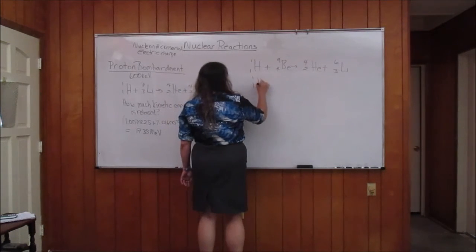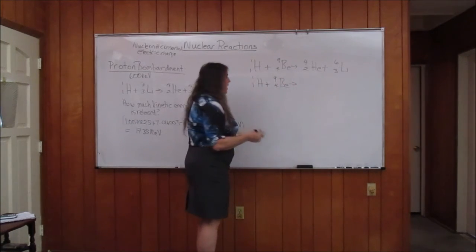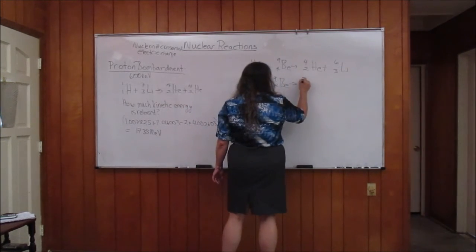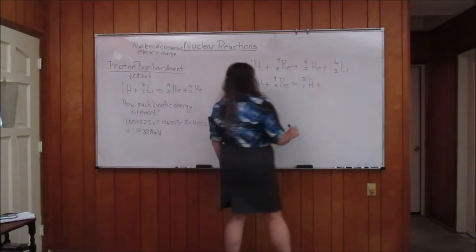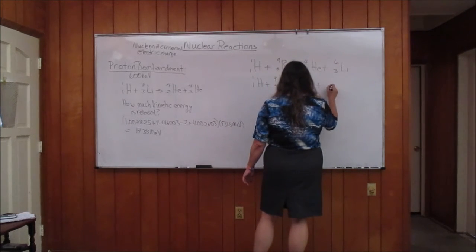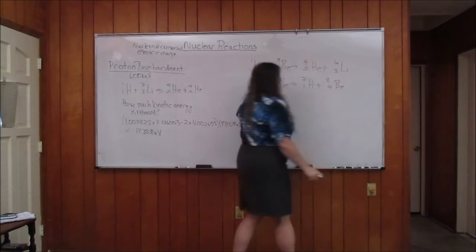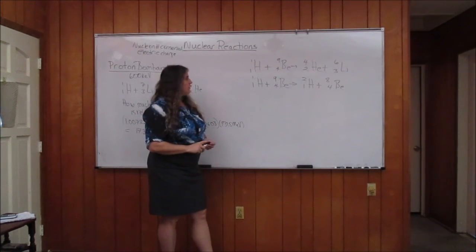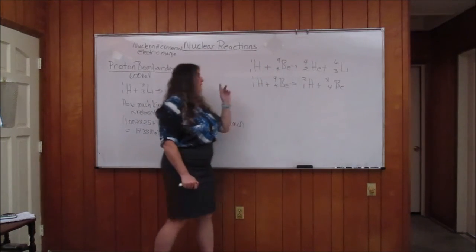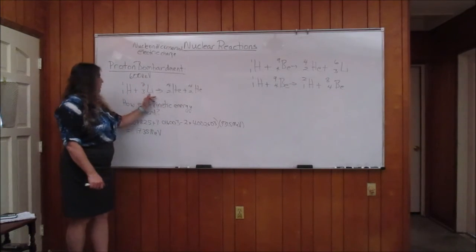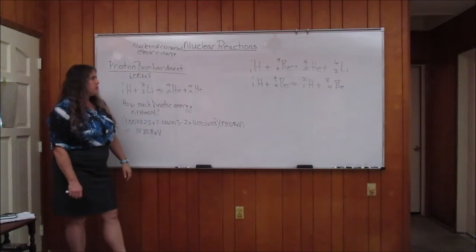However, it's also possible that if you bombard a beryllium-9 nucleus, you'll have a deuteron produced, in which case beryllium-8 will be one of the products, okay? So both of these reactions can and do occur. They've both been observed. So it's definitely not the case that when you bombard a target nucleus with a proton that automatically an alpha particle is going to be produced.